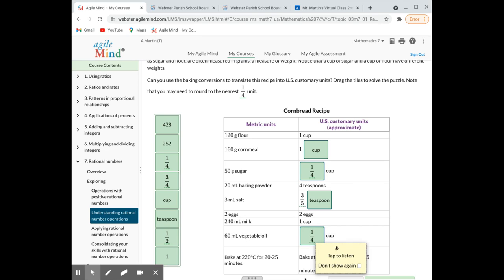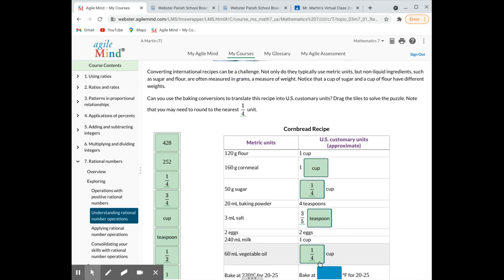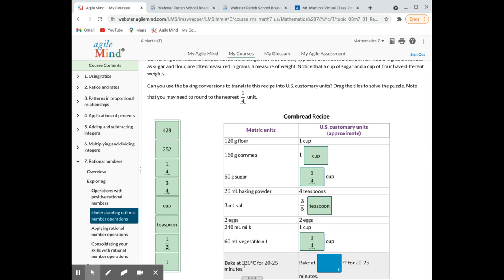All right, and the last one says bake at 220 for 20 to 25 minutes. So that's Celsius. So we need to convert Celsius to Fahrenheit. So we did that earlier by doing 9/5 times Celsius plus 32. So we got to do 220 times what number?